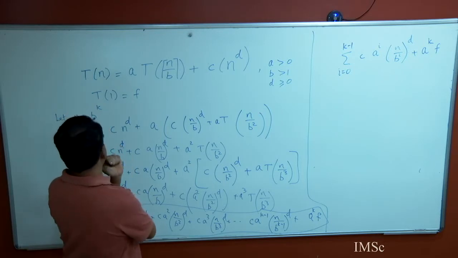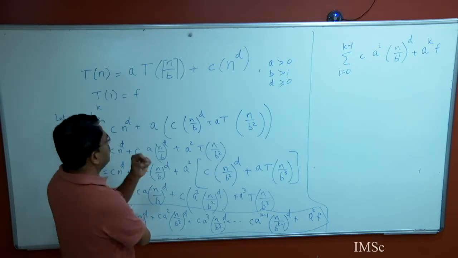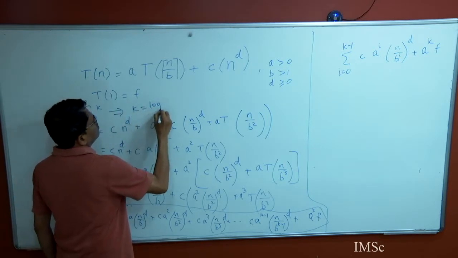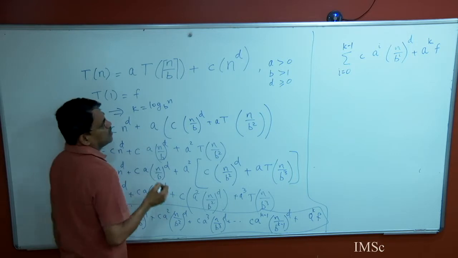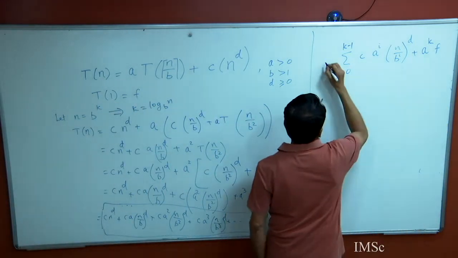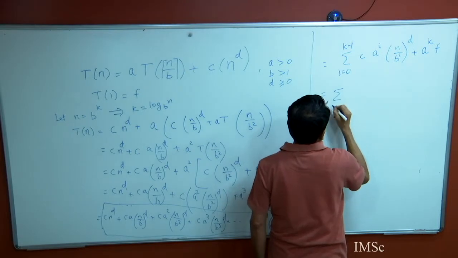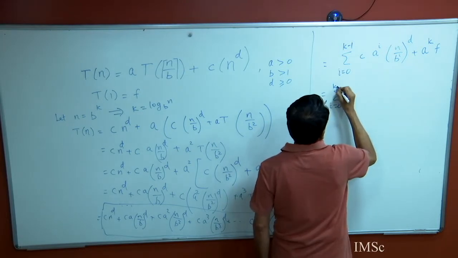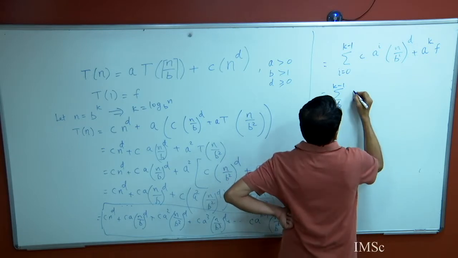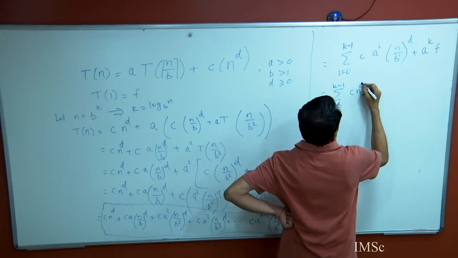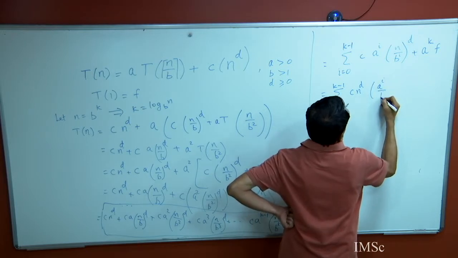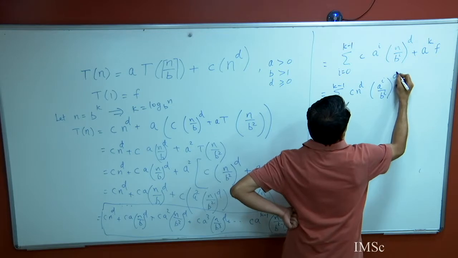So what is A power k? K is log n to the base b, right? So A power k f. Let's write this in a nice way. So I'm going to say C n power d into A power i by b power i whole power d.